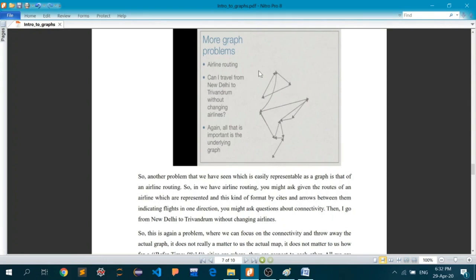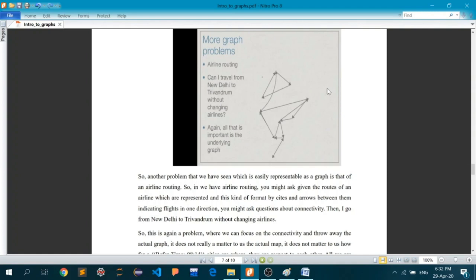Okay, now let's suppose this particular node is New Delhi and this particular node is Trivandrum. Now I have to go from New Delhi to Trivandrum by flight, but while booking my ticket as a user, I don't have to worry if there is a direct flight or not.